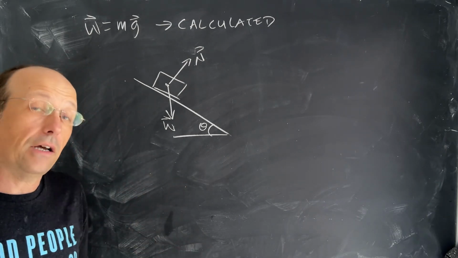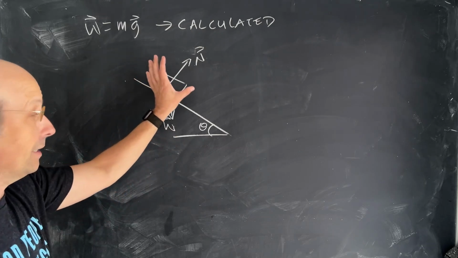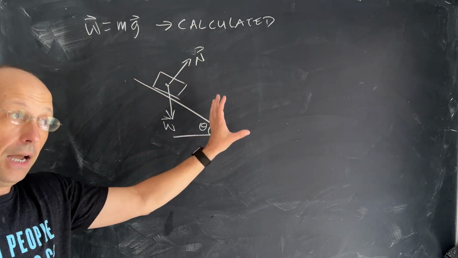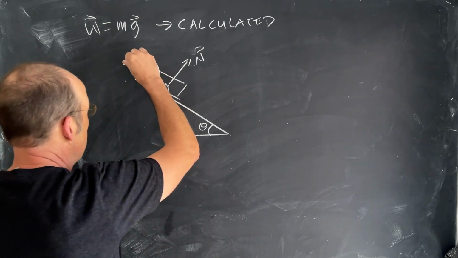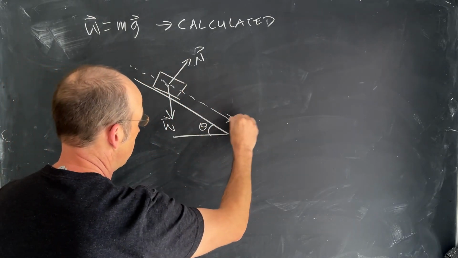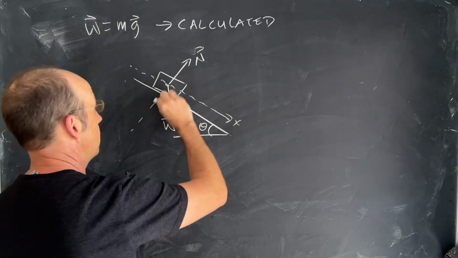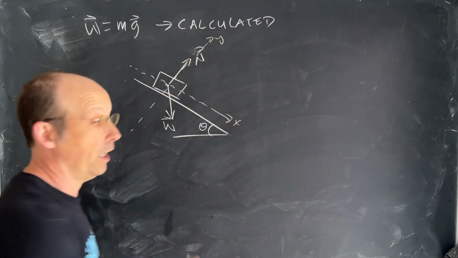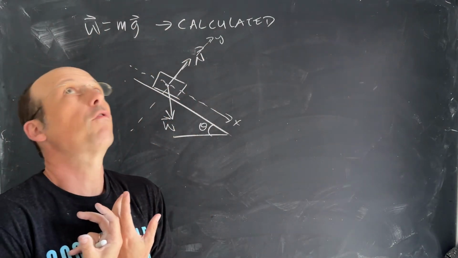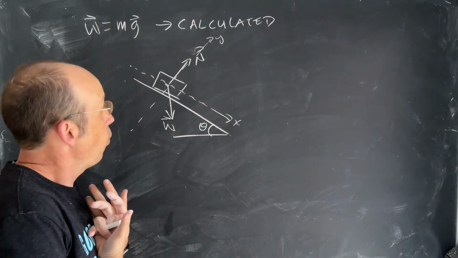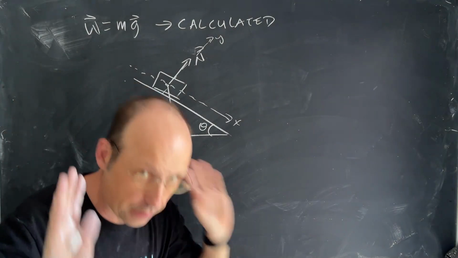Now, if I want to write down Newton's second law here, I have to make a choice. If this block is accelerating down the plane, I want to do something that's going to make my life easier, and that's to do this. I'm going to call that the x direction. If I call that the x direction, then that's the y direction. So the x and the y direction are the domain of humans. We can do whatever we want. We made them. If you want to put the axis tilted down the plane, that's your decision.